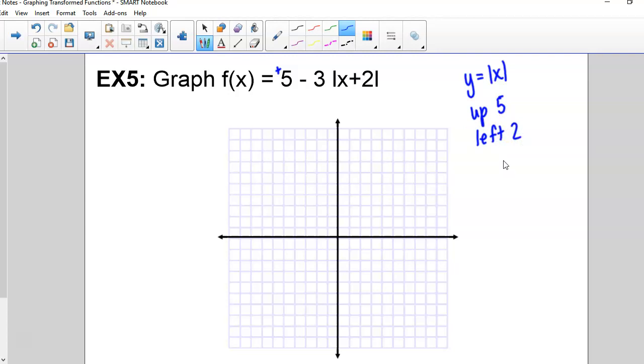Let's see. Brittany, what else happens to this one? Yes, reflected over the x-axis. And let's see. Jackson, what about that 3? What's that 3 going to do? Vertical expansion by 3.